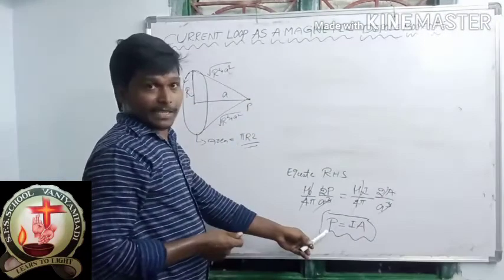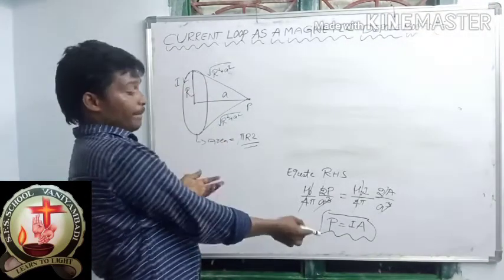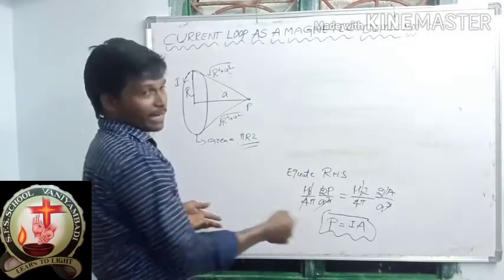The magnetic moment of any circular coil. P means what? Magnetic dipole moment.